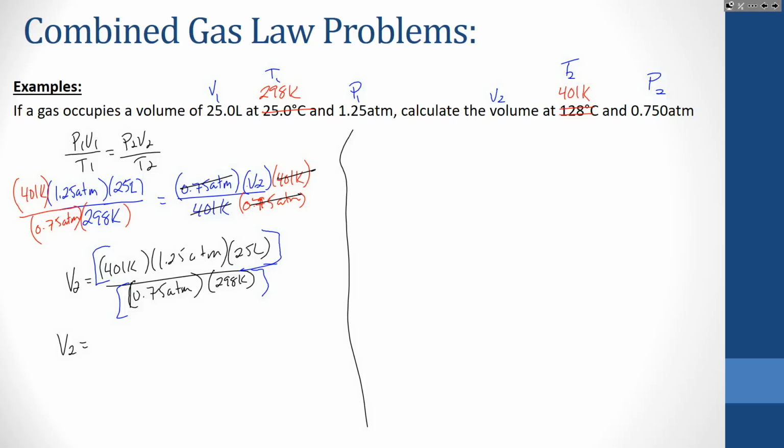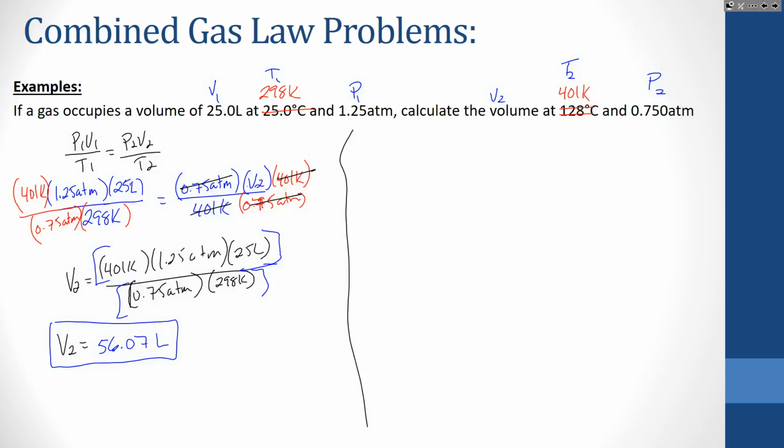Then I divide by, in brackets, 0.75 times 298, with brackets around them so it will do the multiplication first, then divide. If you punch it in your calculator correctly, you should get an answer of 56.07 liters.